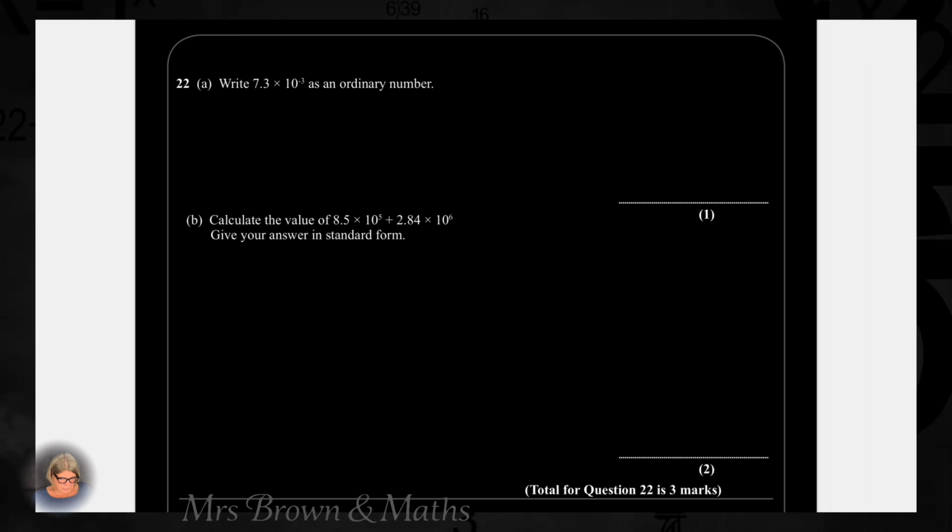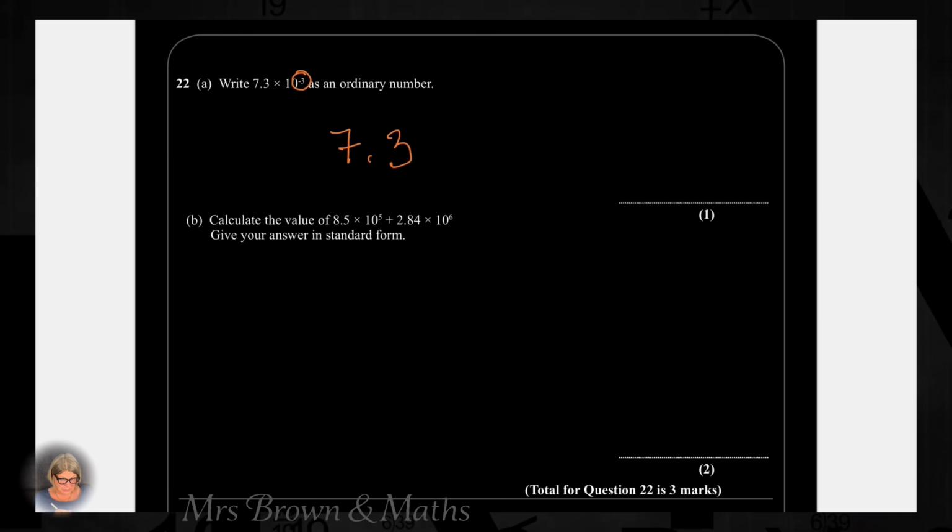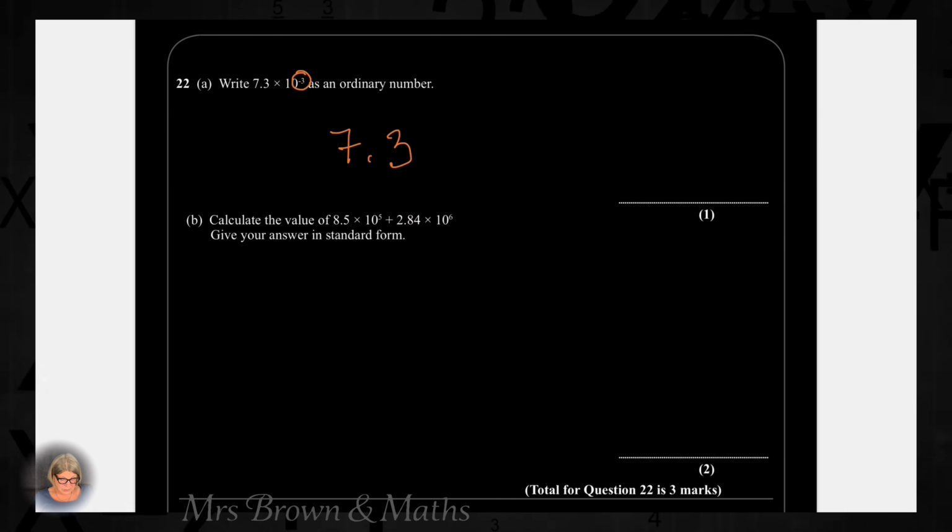Write 7.3 times 10 to the power of negative 3 as an ordinary number. So 7.3, and because power is negative, I move decimal point to the left.